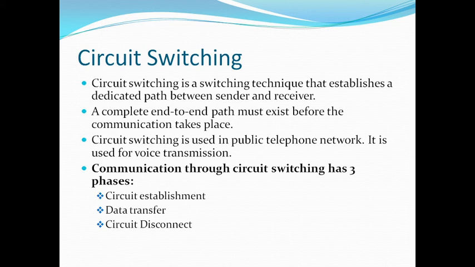It means a complete end-to-end path must exist before the communication takes place. And what is its main example? It is the telephone network. A telephone works only when the circuit is established. After the conversation, the circuit is disconnected.